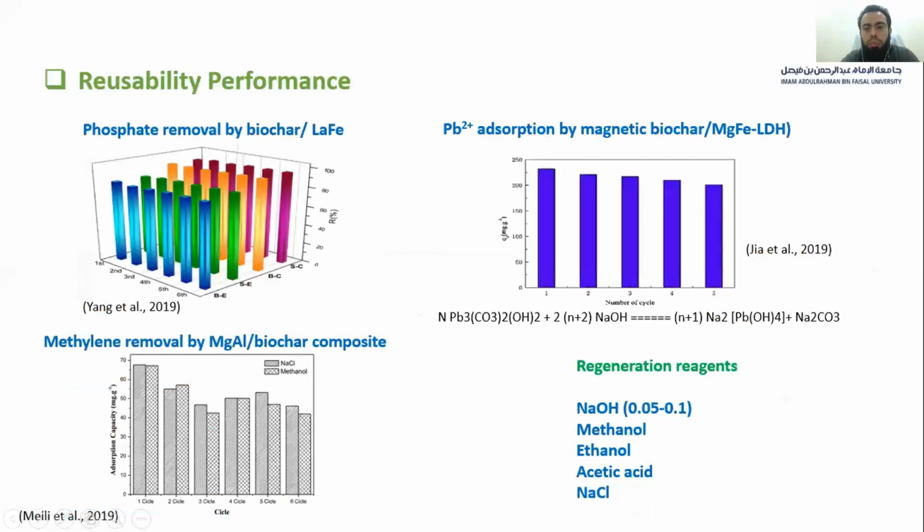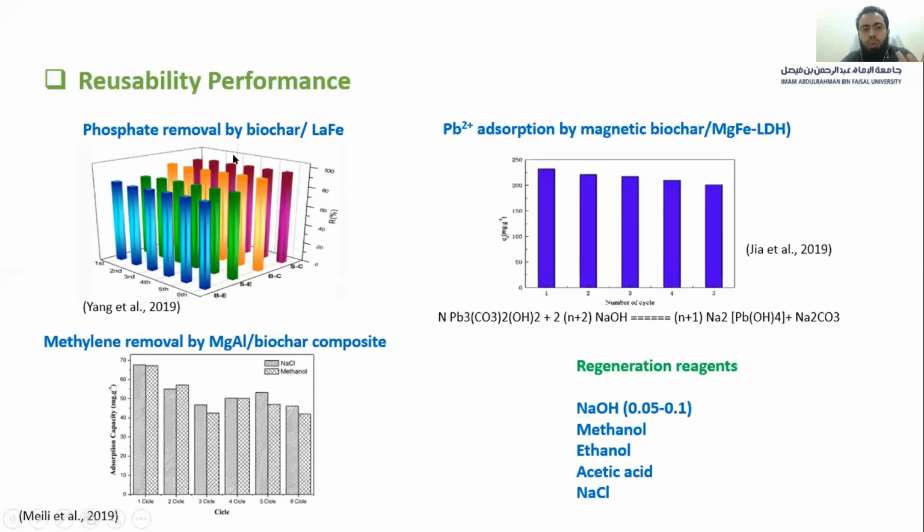Now, reusability performance is one of the important factors to assess the economic feasibility of the material. If the reusability is high, the process cost will definitely be low. So if you can see here from different studies, the lanthanum ferrite biochar composite showed very high removal performance of phosphate up to 5 regeneration cycles.